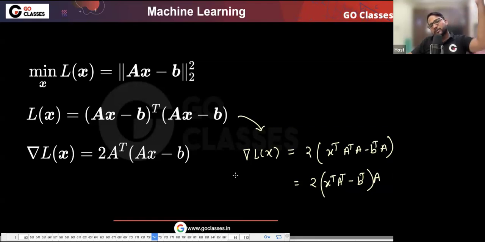We started with the notation. Don't worry about this two; this is the L2 norm, but let's not worry about it. We wanted to minimize this error. This y cap was the same as ax, and y was just b.